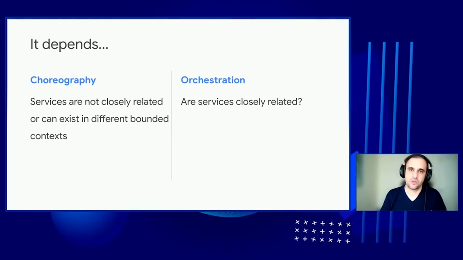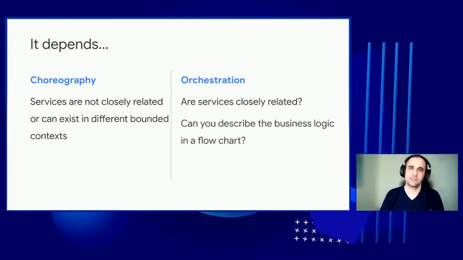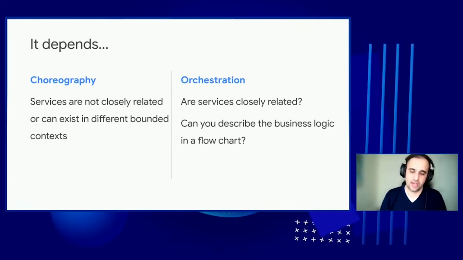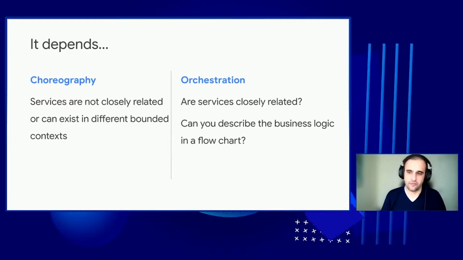You might as well go with orchestration because they're always called in a certain order. Also, if you have business logic, like the flowchart that I showed you, and you want to capture and maintain that, then orchestration allows you to do that, whereas changing to event-driven, you kind of lose that information.